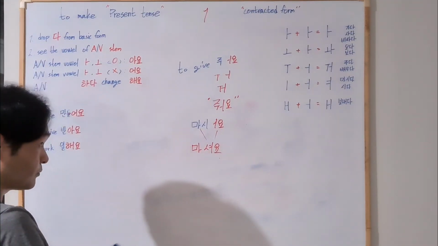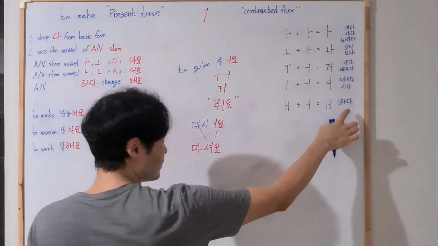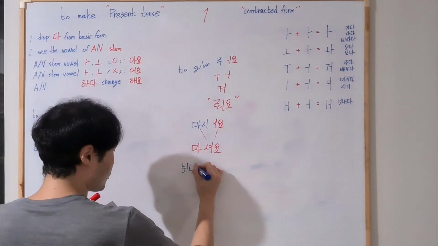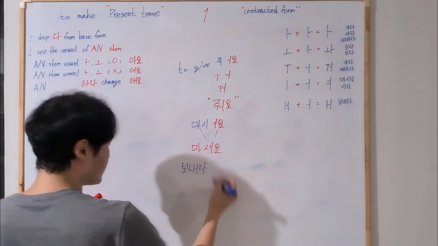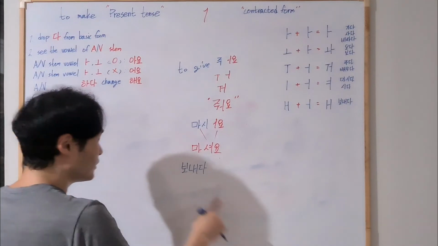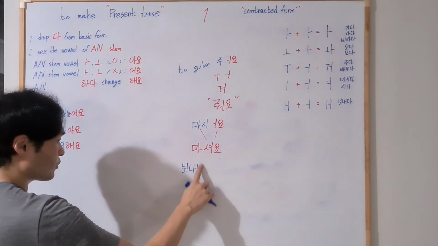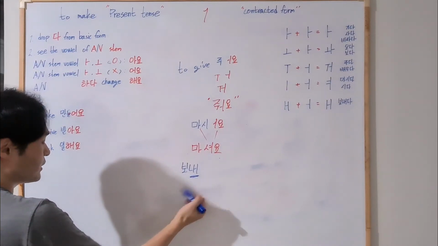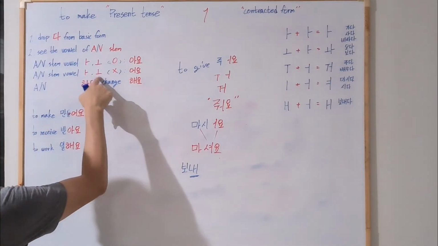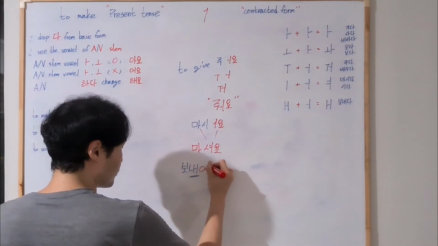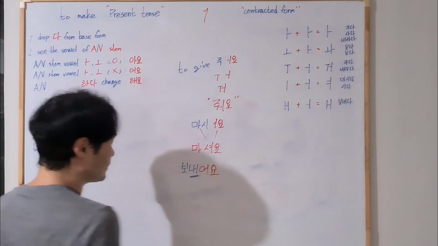This one, last one. 보내다, to send or to spend. Drop the 다 from the basic form. 보내. Last syllable. The vowel is not 아 or 오, so I have to add 어요.